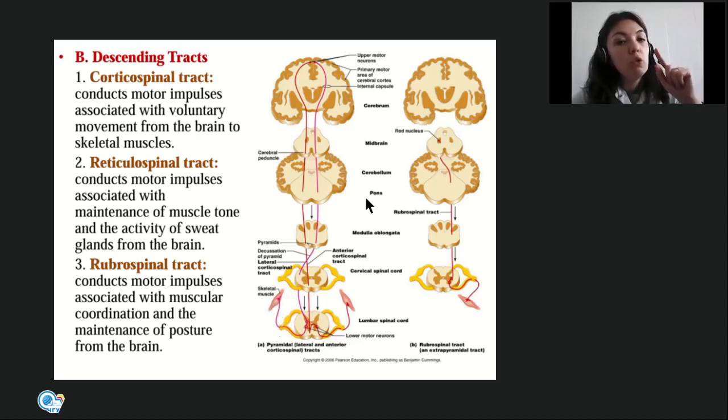20% of fibers do not decussate at the level of pyramid decussation. They continue downward in the anterior funiculus and form the anterior corticospinal tract.